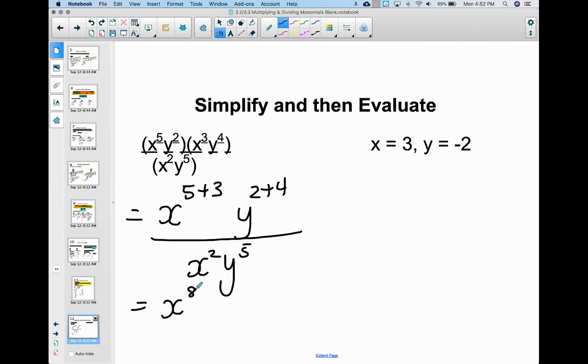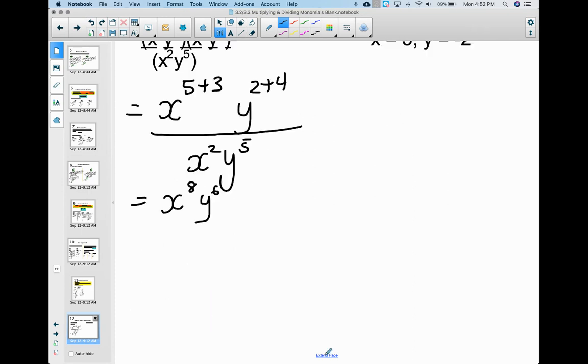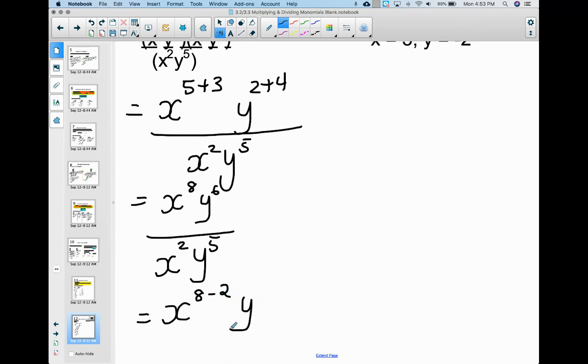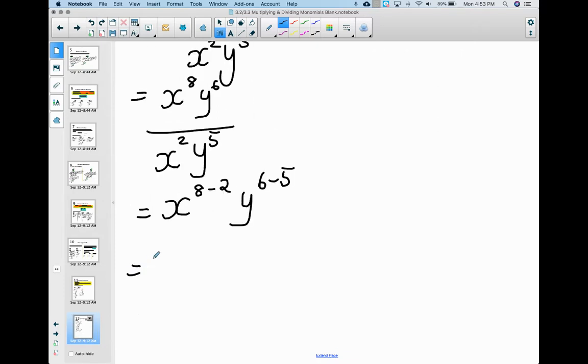So we have x to the power of 8, y to the power of 6, divided by x squared, y to the power of 5. And the principle of quotient is that we subtract the exponents with the same variable, which here gives us x to the power of 6 and y to the power of 1.